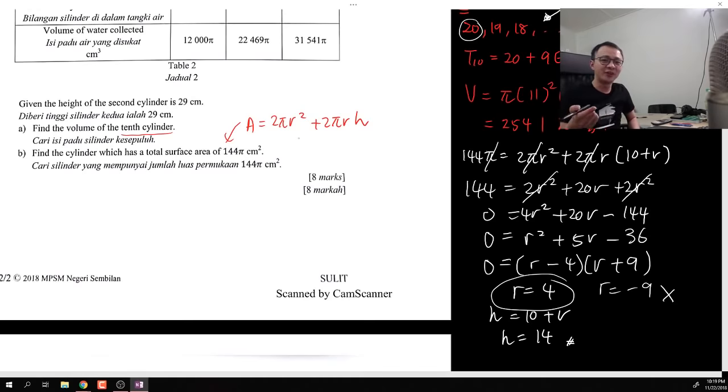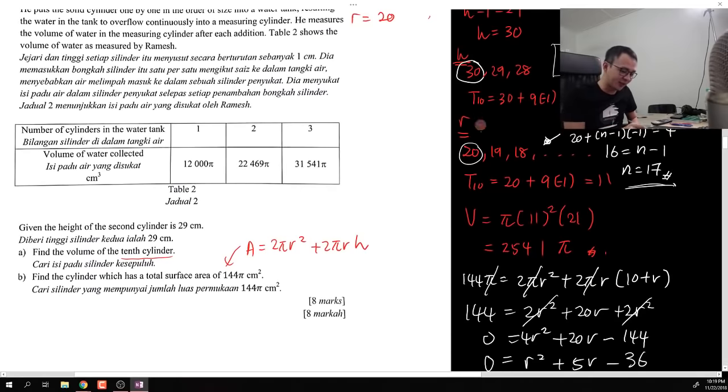So the Tn over here is for the radius: the radius is 20, the radius is 19. I want to know what happens when my radius becomes 4, which cylinder will give me radius 4. After I solve it, I get radius 4 when I get T17. So the 17th cylinder should have 144 pi.